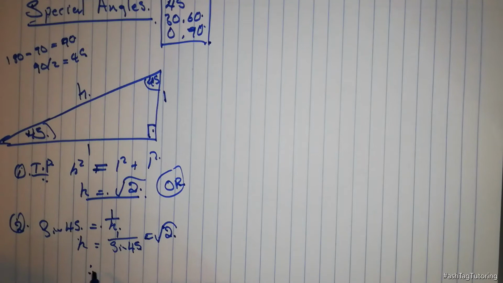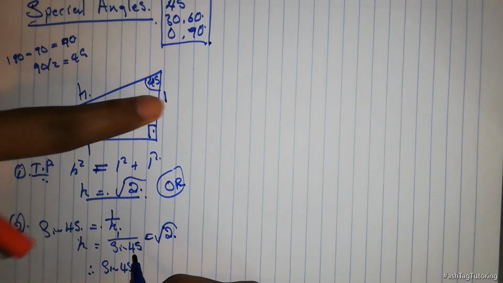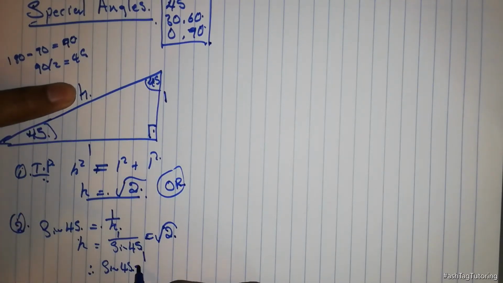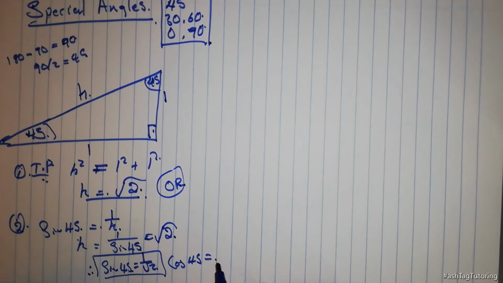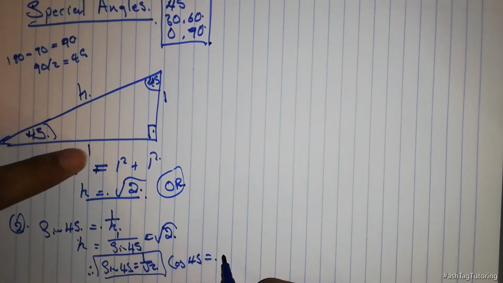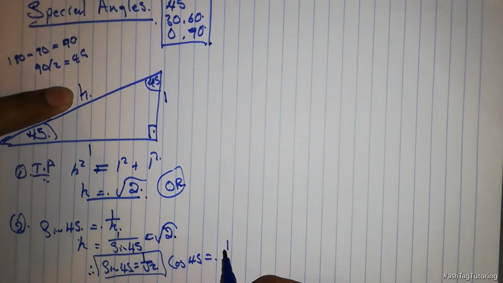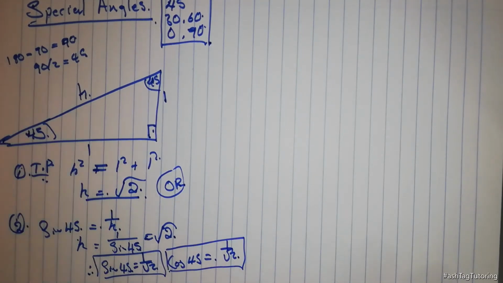Now that you've defined your right angle triangle, you're able to play around with the sine, cos, and tan of 45. So sine 45 is opposite over hypotenuse, which is 1 over root 2, and cos 45 is adjacent over hypotenuse, which is 1 over root of 2.